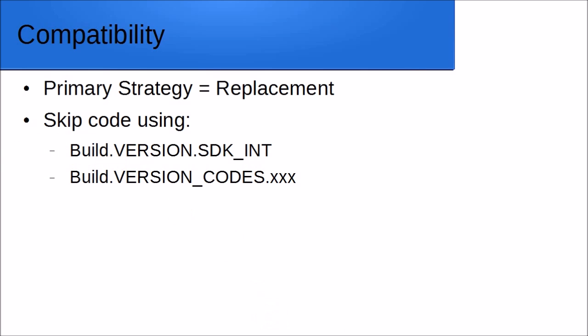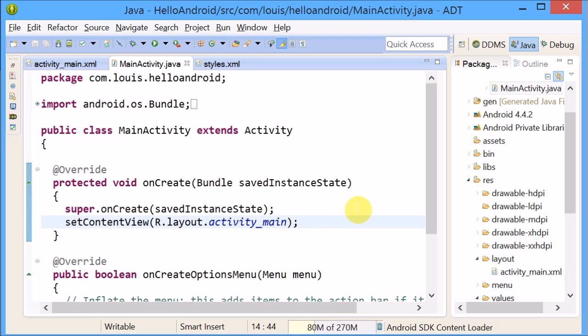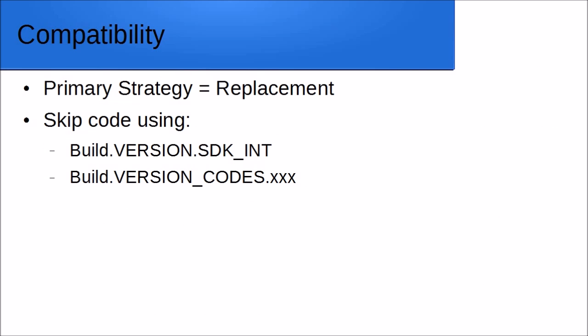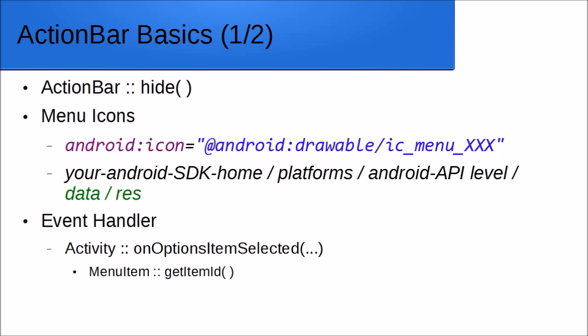So I'll demonstrate that in this example. Previously, I had an example where I hide the ActionBar, way at the very beginning of the video, where I call ActionBar to hide.